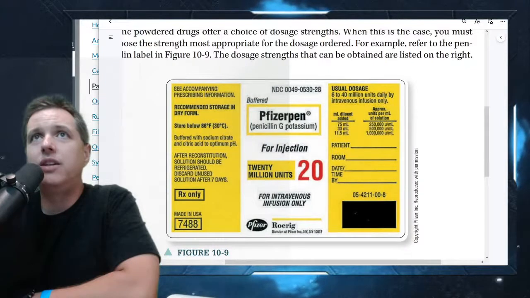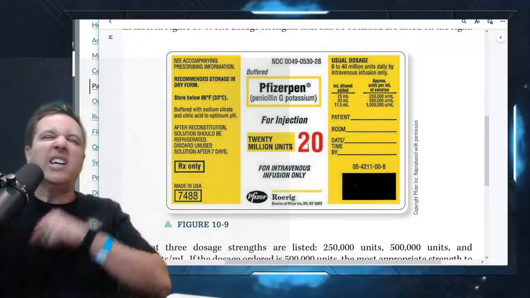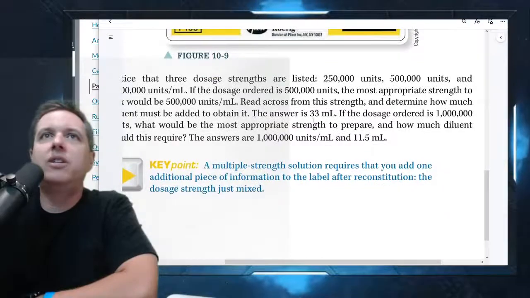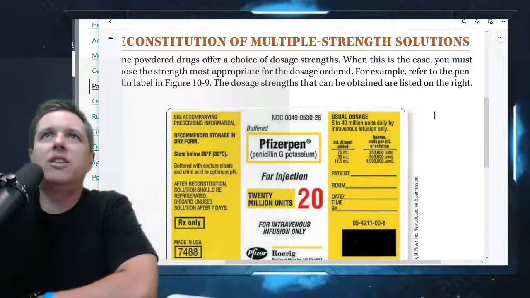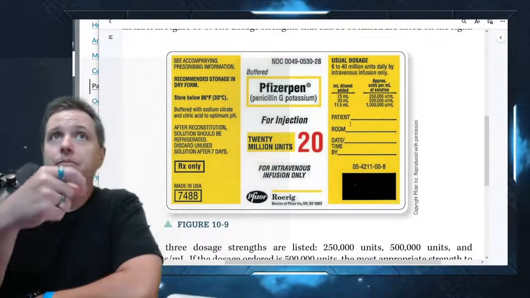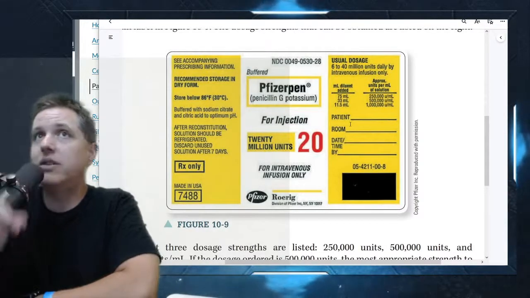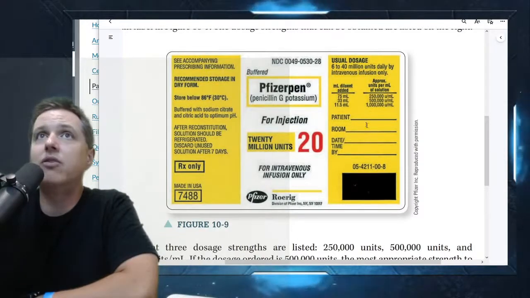And then it tells you the amount of units that would be in that particularly diluted dose, okay? This one's pretty straightforward. I don't think there was anything tricky about this. Just recognizing that, oh, I have choices about more than one way to reconstitute this thing, and you can figure out how you want to do that.